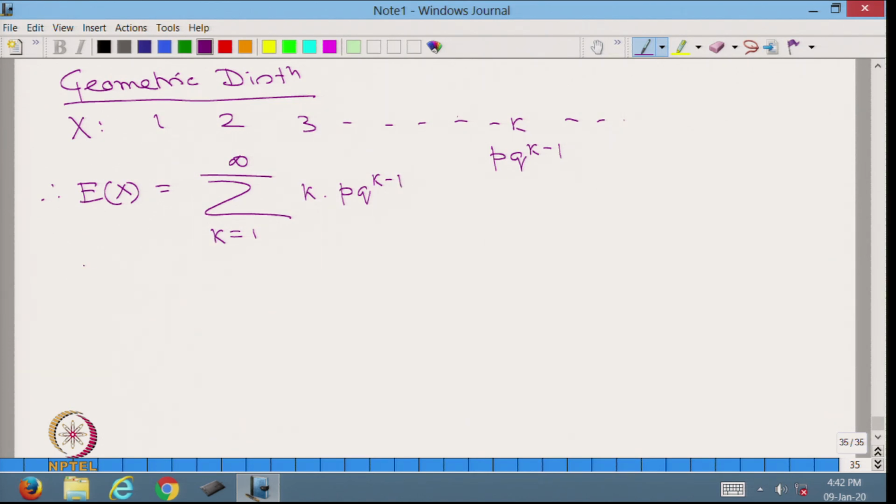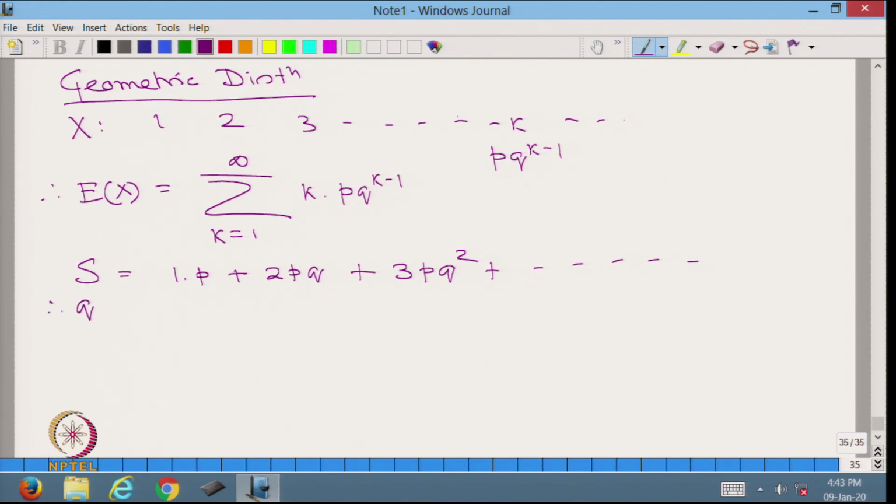Let us write it as S = 1 times p q^0 plus 2 times p q plus 3 times p q squared plus, and so on.